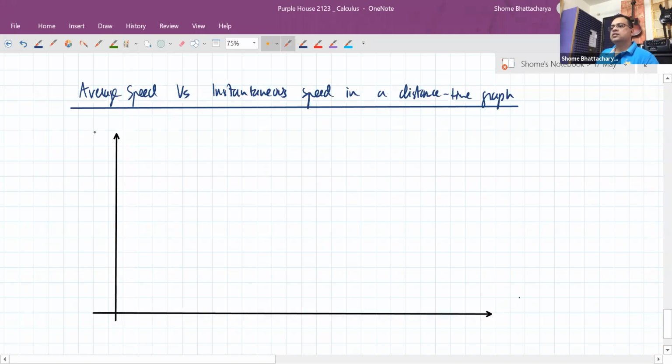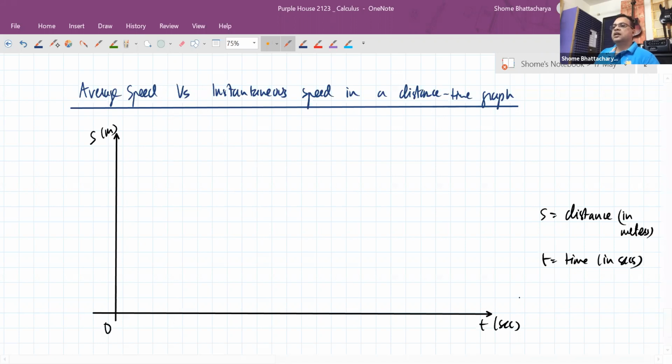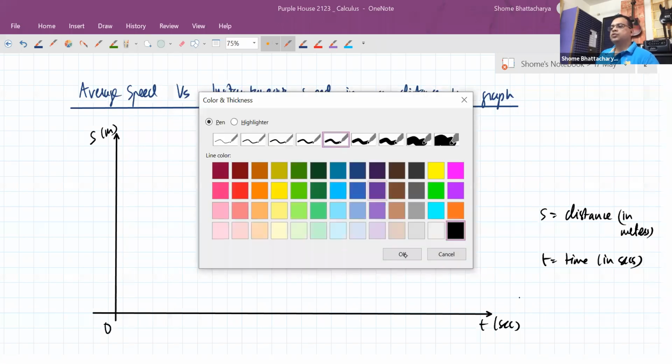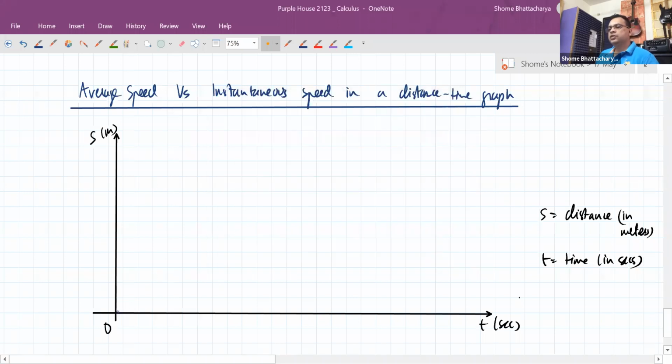So our distance s, let's say in meters, and t time in seconds, so this graph, let's say for a practical motion, which is not very uniform, is looking something like this. This is how it will typically look for an actual everyday life kind of motion. It will not be very uniform.